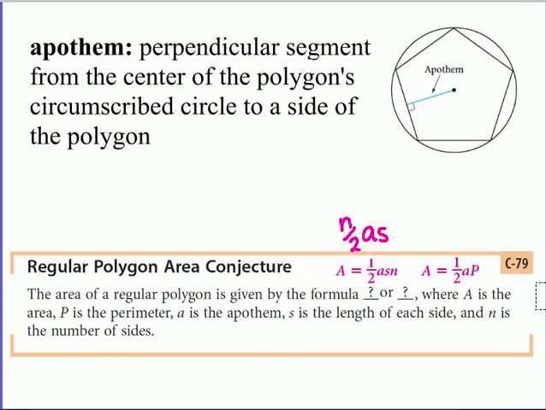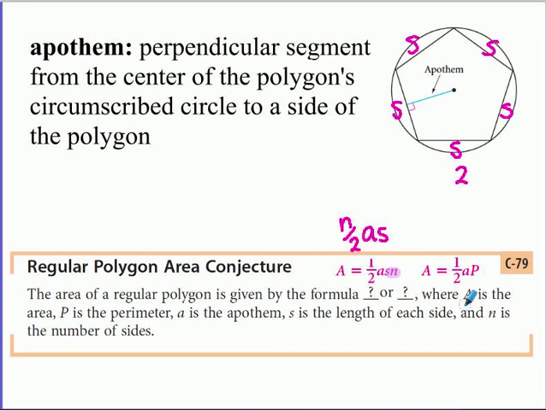If each side is S, the distance around is S times the number of sides. If S in this case was 2, my perimeter would be 2 times 5, which is 10. So in the formula, this here is the perimeter, and that should make sense: the number of sides times the length of each side is your perimeter.